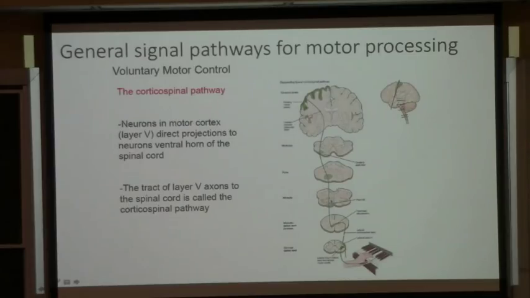After the brainstem, it will cross the midline at somewhere called the pyramid, and then it will go to the spinal cord. At the ventral horn of the spinal cord, it has a large bunch of alpha motor neurons, and those neurons will fire action potentials and instruct your hand to perform certain movement.